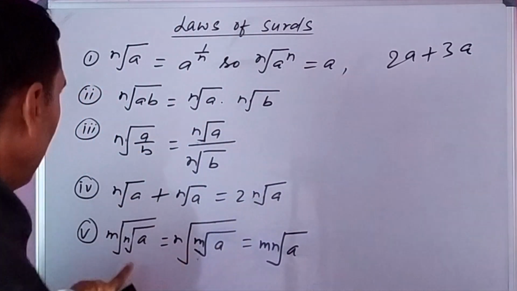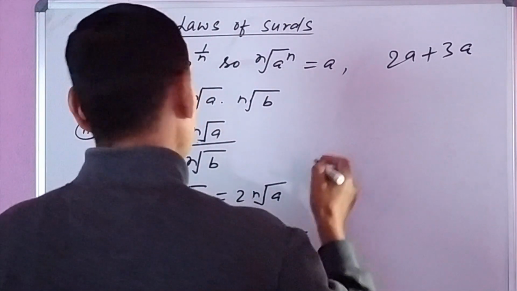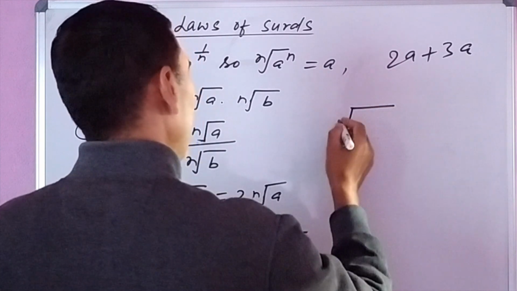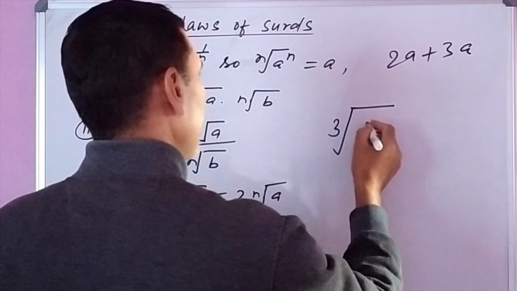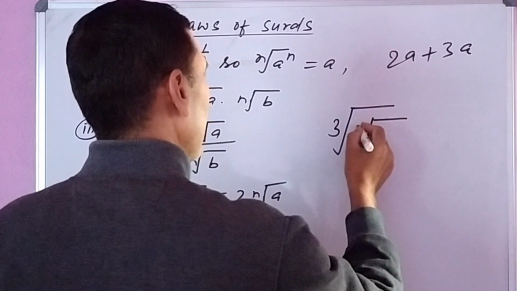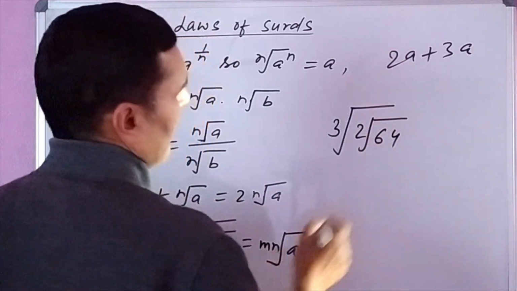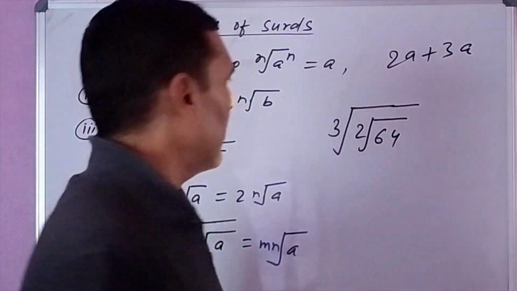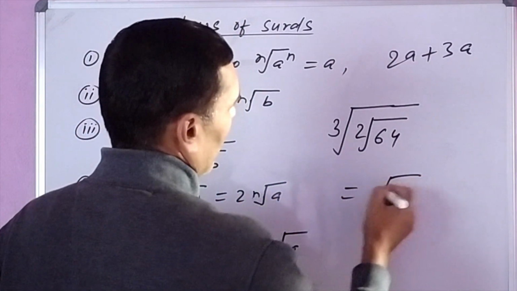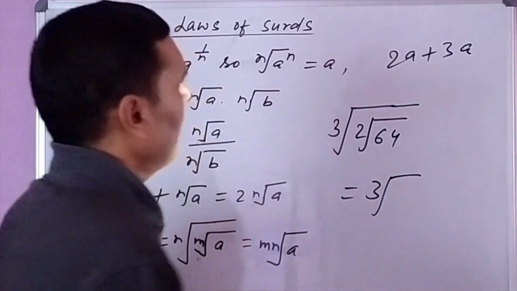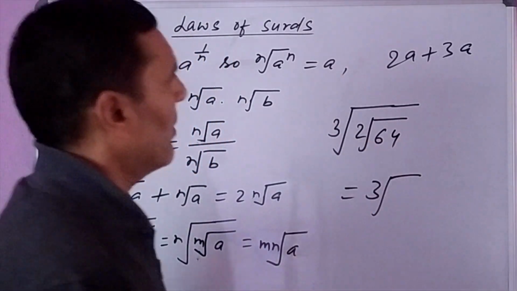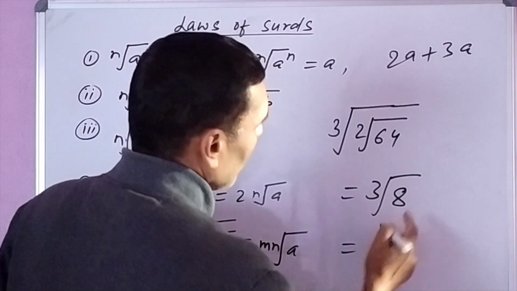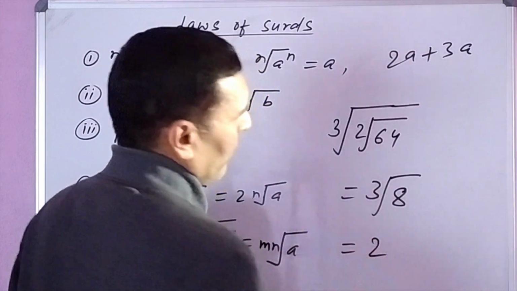And finally, suppose we have 2 roots here, a cube root and another a square root. Suppose we have 64 here. First we operate on the inner root. So cube root of, what is the square root of 64? We know that the square root of 64 is 8 and the cube root of 8 is 2.